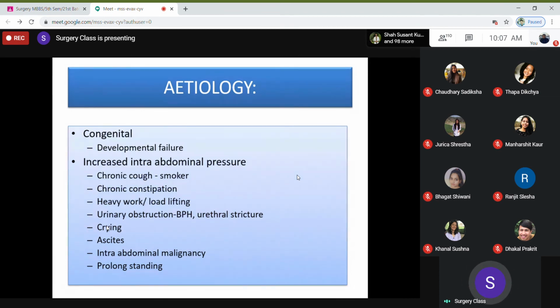When you stand for a prolonged time, what happens? All the intestinal contents, especially the mobile intestine and colon, go down and increase the pressure in the pelvic abdomen, and there might be a protrusion or pressure in the lower abdomen. So I can see all these factors cause an increase.